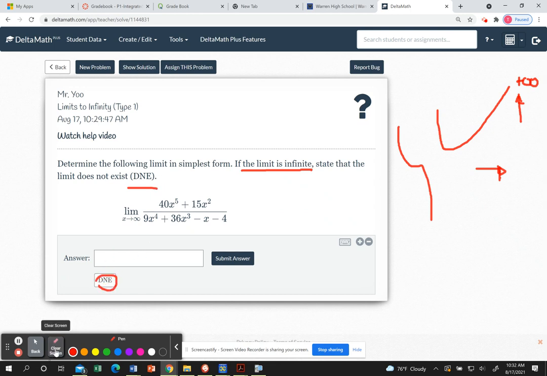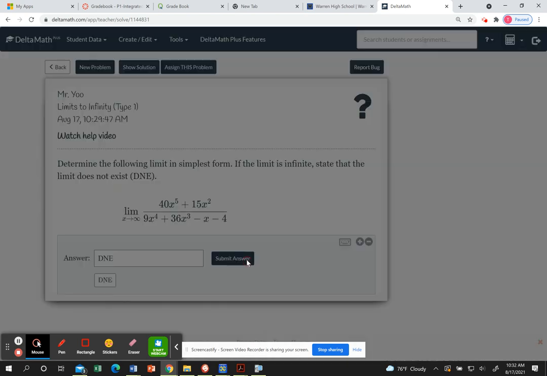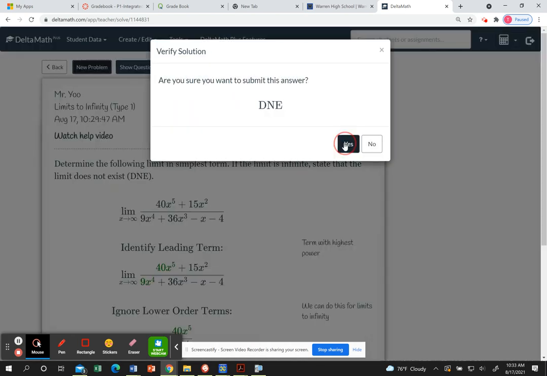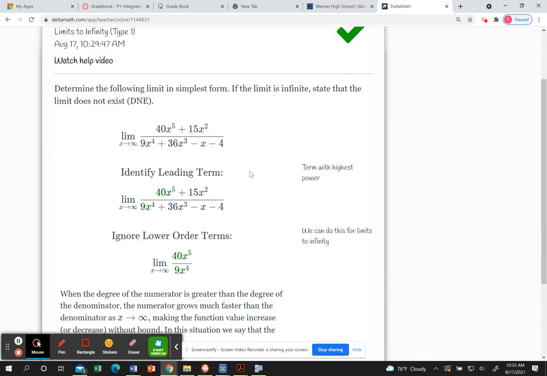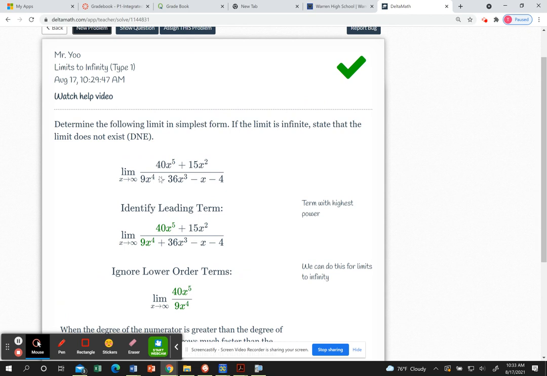Alright, so look at your graph right here. They don't show you the graph, but they're showing you the shortcut.